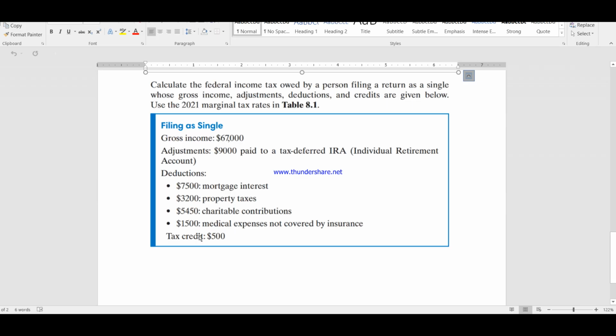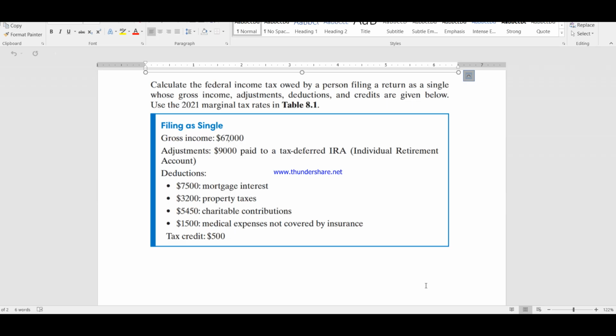I consider the medical expense as an itemized deduction, so I'm gonna add all of them. The textbook, when they do this problem, excludes it, because they say we can only deduct it if it exceeds 7.5%.